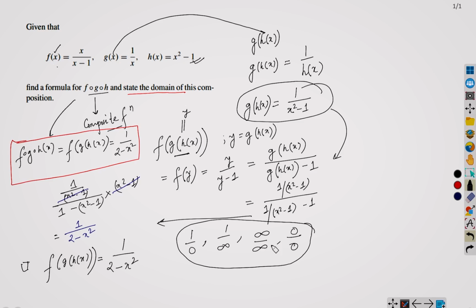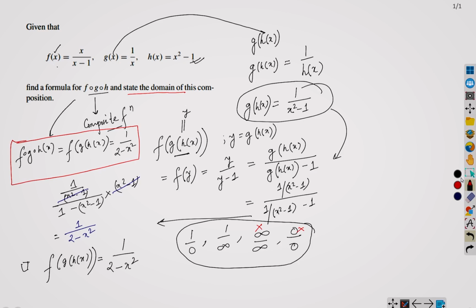So we have to check that this function should not attain any of these values, or whatever you can say. These are not values, these are undefined things. Can you say at which values of x these occur? Observe that this is not possible in this case because in the numerator we already have 1. This is also not possible.